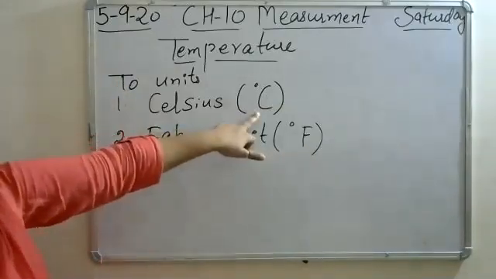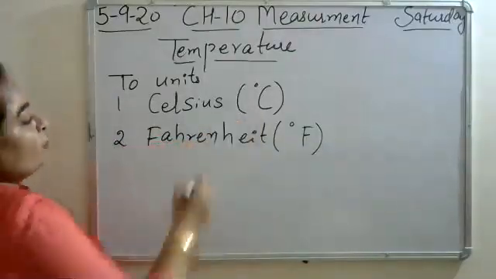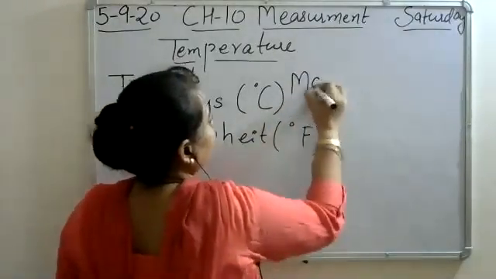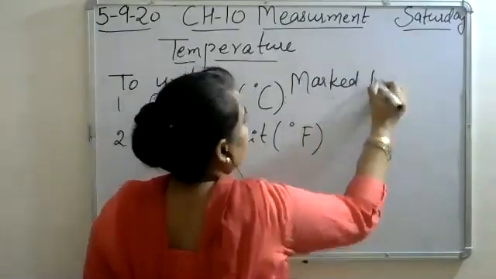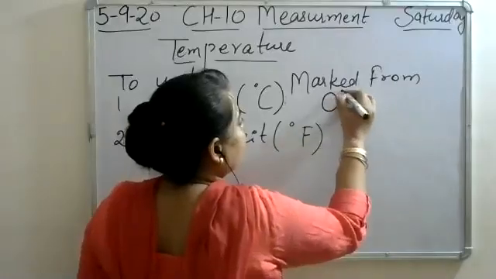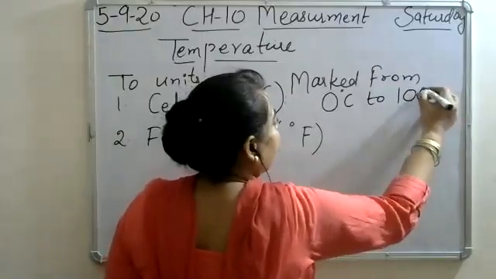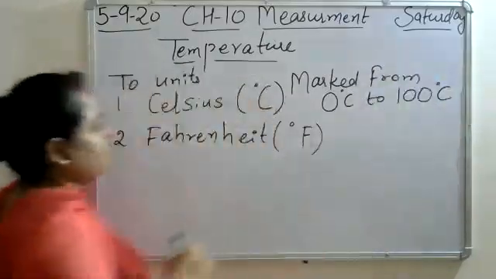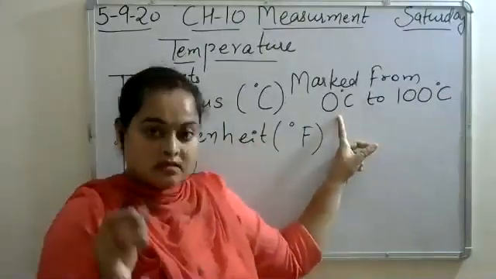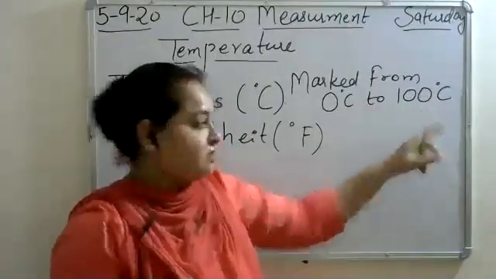Degree Celsius is marked from 0 degree Celsius to 100 degree Celsius. This is the Celsius temperature. Lower is 0 degree Celsius, upper is 100 degree Celsius.